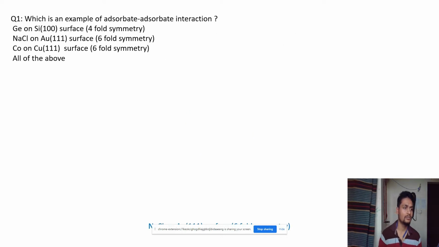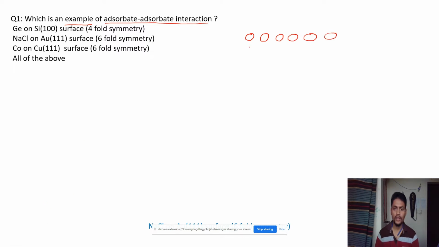So first question. What is the question that is given? The question is, which is an example of adsorbate interaction? Before going to that, I want to remind you of one thing from last class. Let's say this is your surface, a cross-sectional view, and these are the bulk.